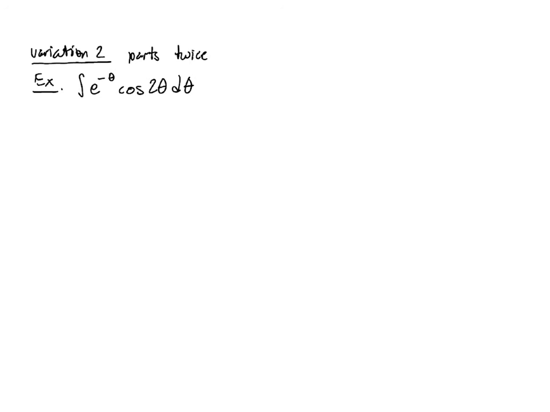So we just make a choice for our first iteration of the parts procedure. So we're going to have u be the first function, and then dv will be the remainder. Okay.